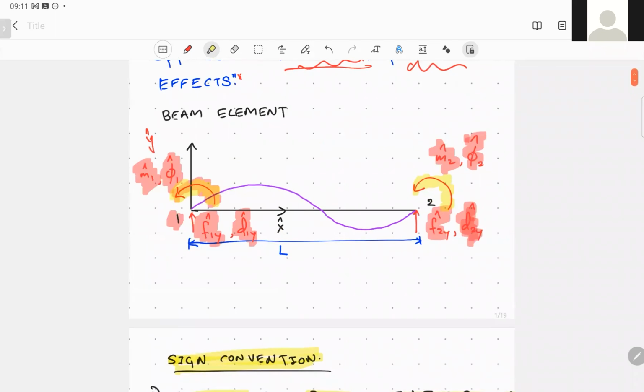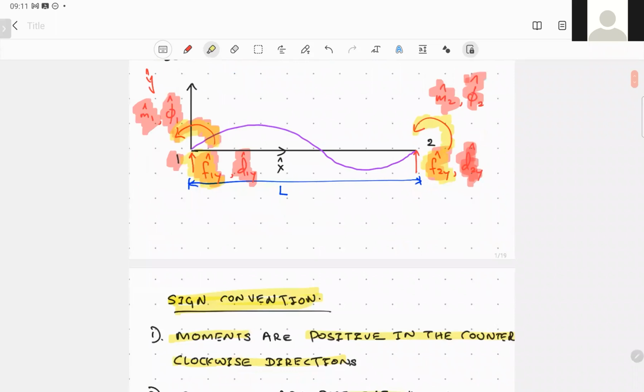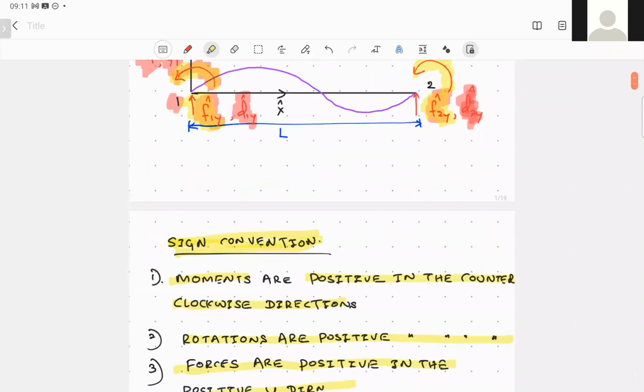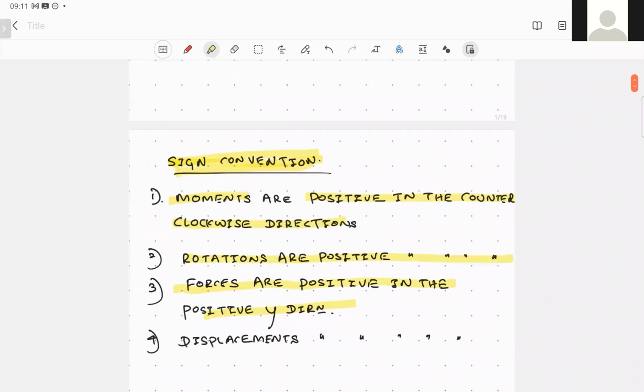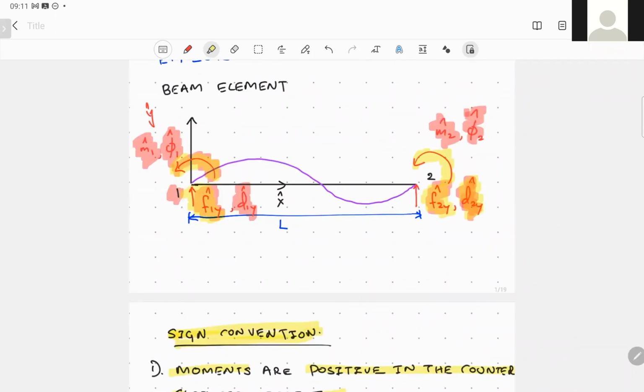That is, here in this case, the two transverse shear forces are considered to be positive because they're acting in the positive y direction. And of course, the corresponding displacements in the positive y direction are considered positive. This is the simple sign convention that you need to keep in your mind.